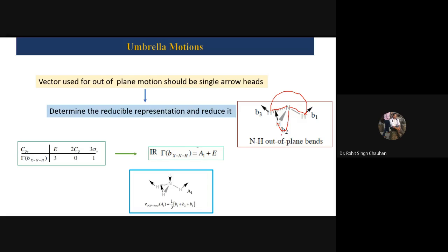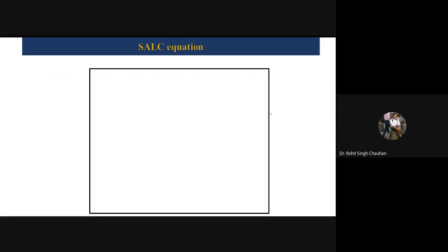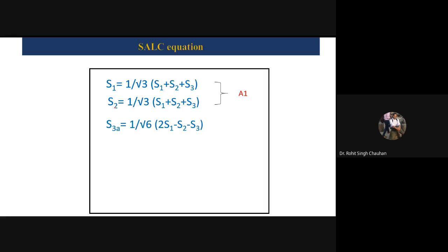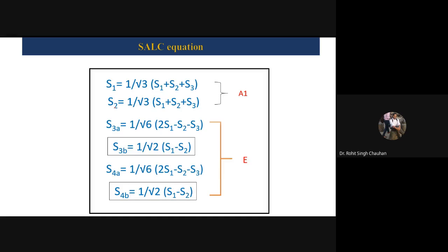Here it will be B1, B2, B3, or you can write it as theta 1, theta 2, theta 3. So these are the SALC equations across SN1, SN2. See, SN1 is for bond length, SN2 for bond angle. Okay, this is S3A again for bond length, bond length, bond angle, bond angle. Okay, and these four will come from E.